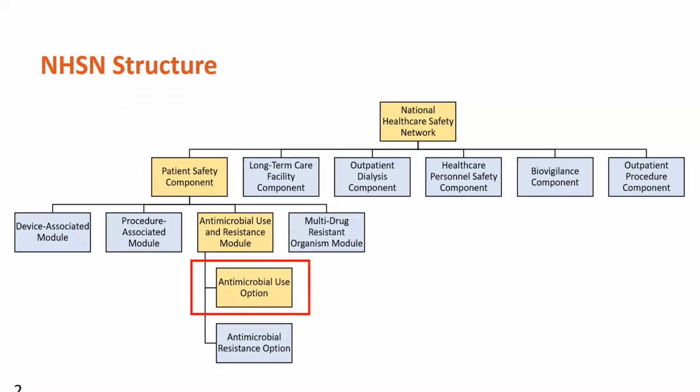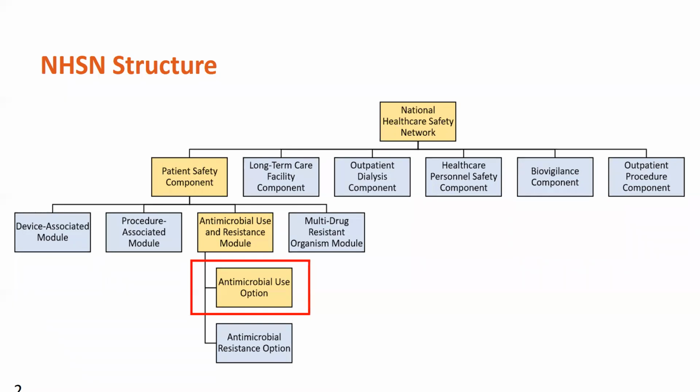So this slide just shows the NHSN structure. There are quite a few components now in the National Healthcare Safety Network. The AU option lives within the patient safety component and the AUR module.